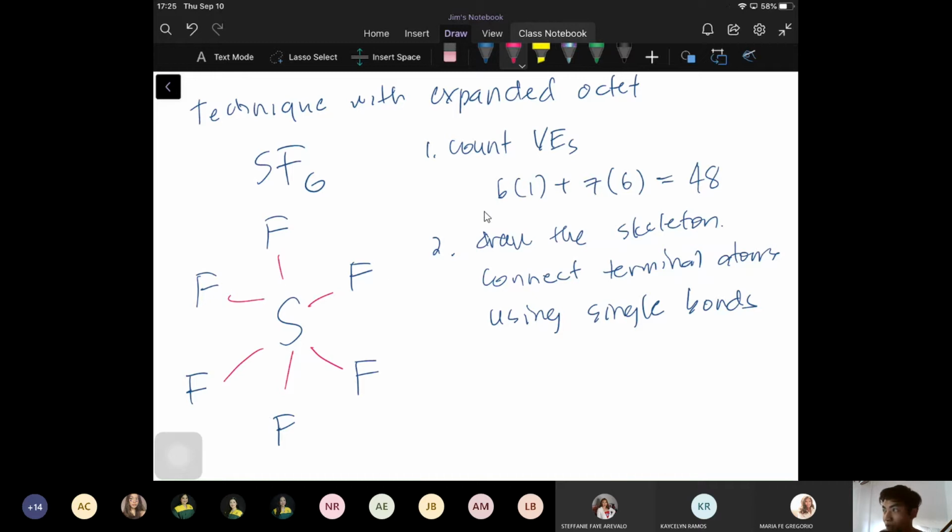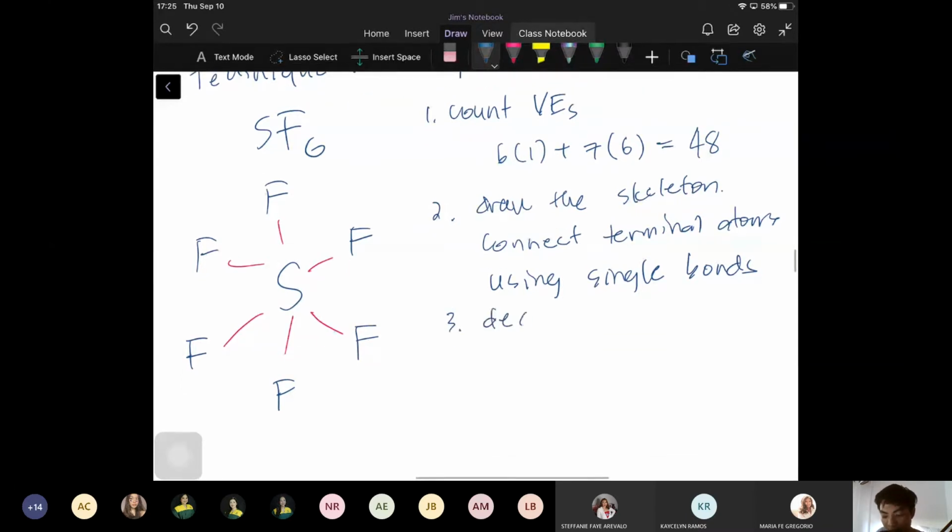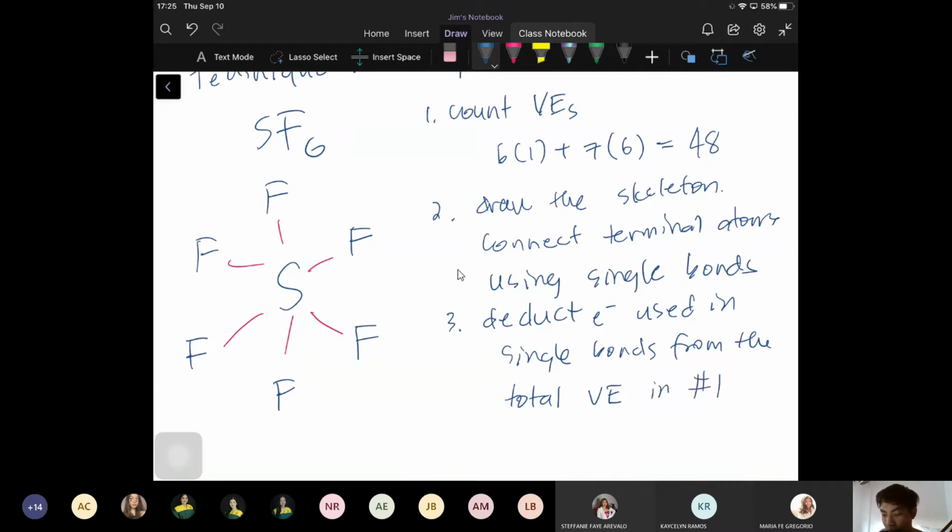Okay. So, after connecting your terminal atoms with single bonds, rule number 3, deduct electrons used in single bonds from the total valence electrons in number 1. So, ano sabi nun?